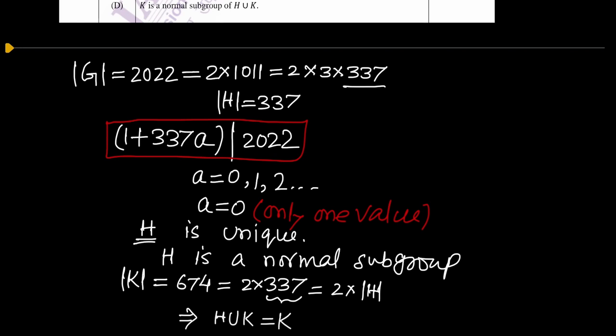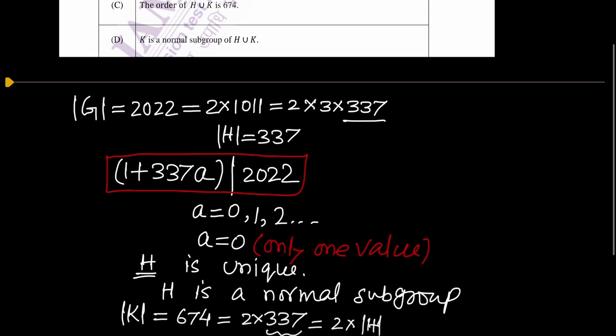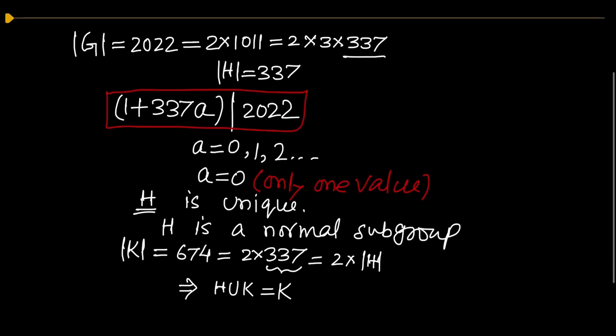Okay, now let us see our options. In the options, H is a normal subgroup of H union K. I have already proved that H is a normal subgroup, and obviously in the question it is given that H union K is a subgroup.